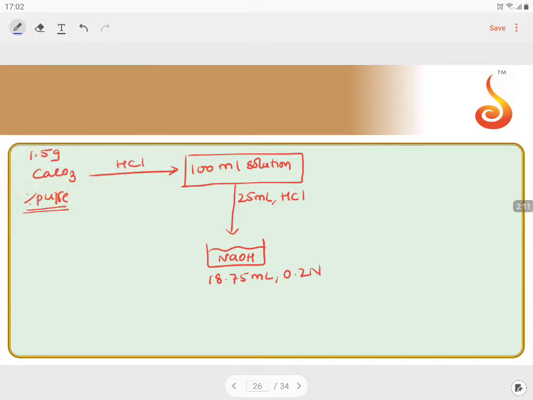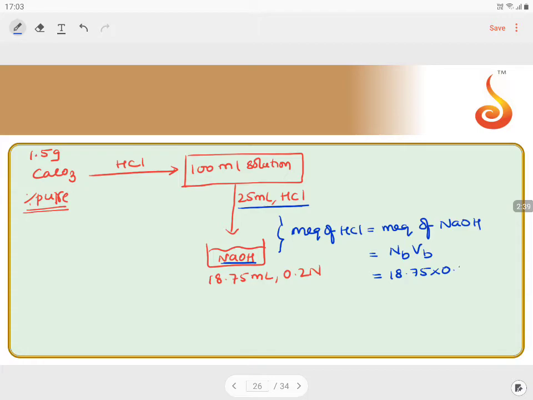If 25 ml of HCl completely neutralizes the NaOH solution, then the number of milliequivalents of HCl should be equal to the milliequivalents of NaOH. What is the milliequivalents of NaOH? Normality of base into volume of base, which is 18.75 into 0.2, equals 3.75 milliequivalents.